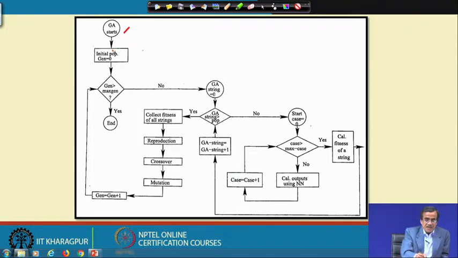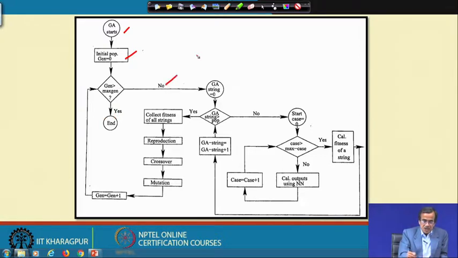We assign the number of generations equal to 0, or the iteration equal to 0, and here we have got one check: whether the number of generations is going to exceed the maximum number of generations pre-specified by the user. If this condition is fulfilled, that will be the end of this program.